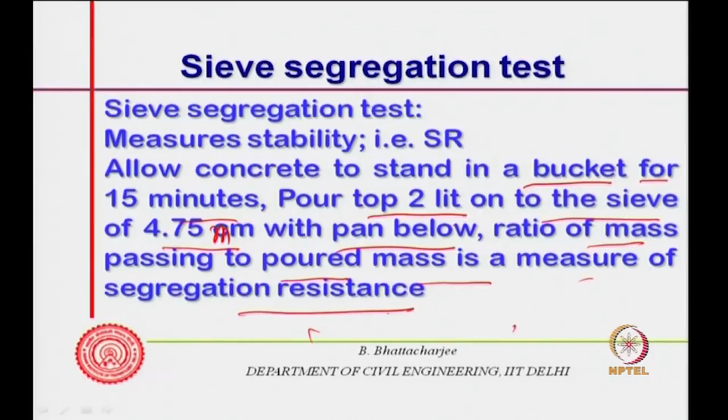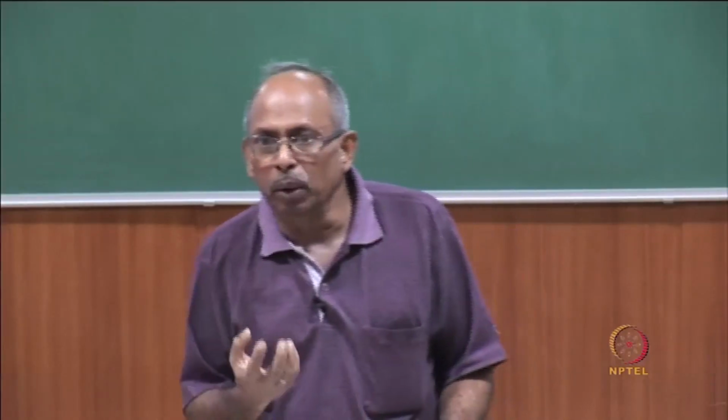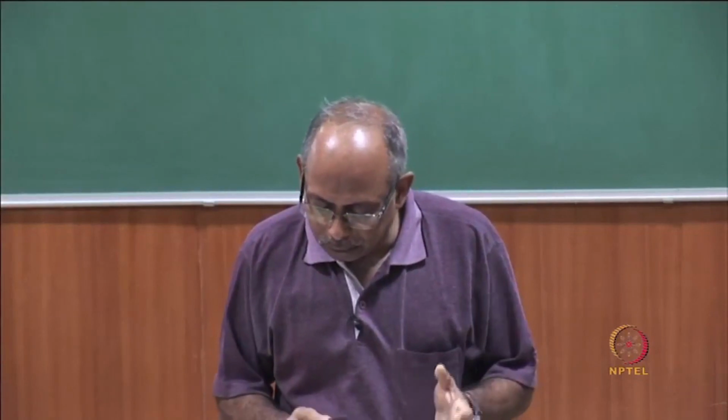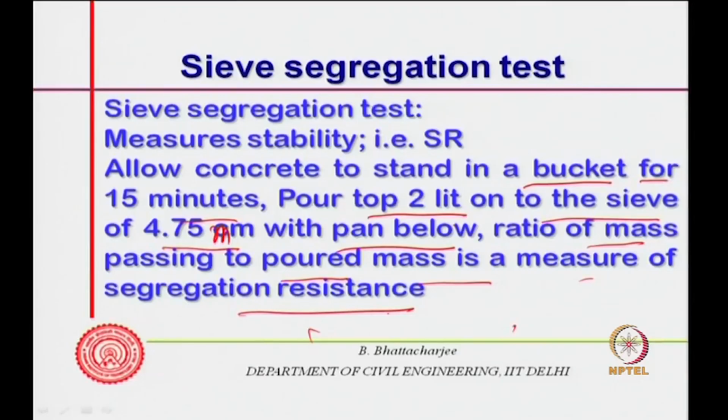So, what you do? You take the top 2 liters from the bucket, put it onto the sieve, and the amount passing through that sieve is a measure of segregation resistance, because you have kept it for 15 minutes.